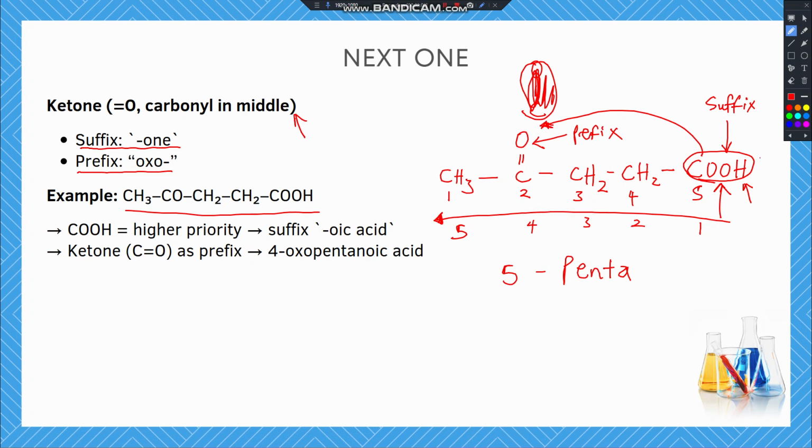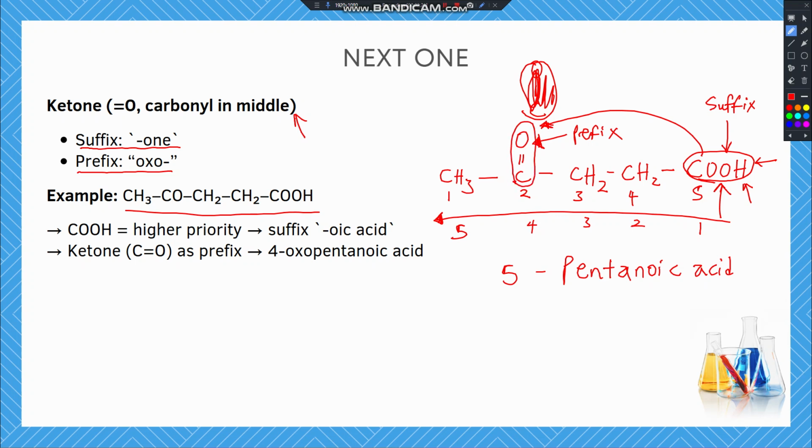So if this guy is the suffix, that tells us that what we have is pentanoic acid as the parent name. Next thing to do is to identify the prefix. Now we have this over here as a functional group acting as the prefix.